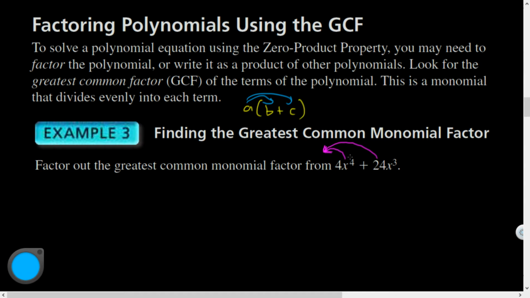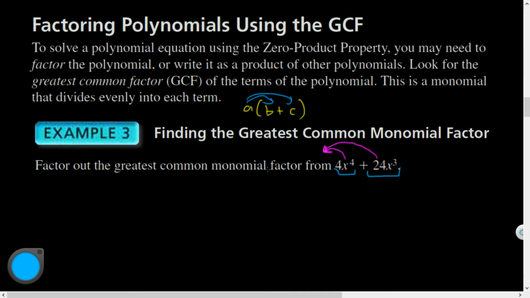What I'm doing now is undistributing. Sometimes I say it's like when Homer Simpson steals a donut, you just go yoink. I'm stealing something from each of these terms. And the thing that I steal has to be common. I have to steal the same thing from everybody.